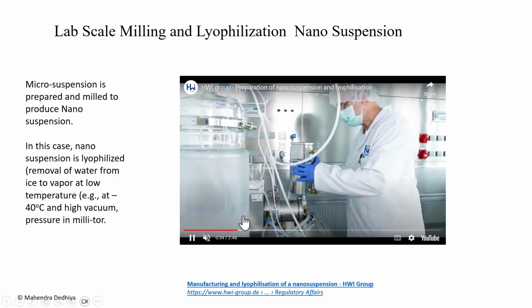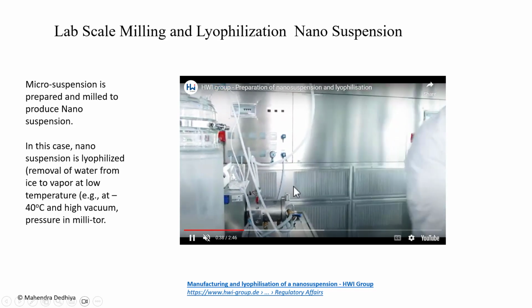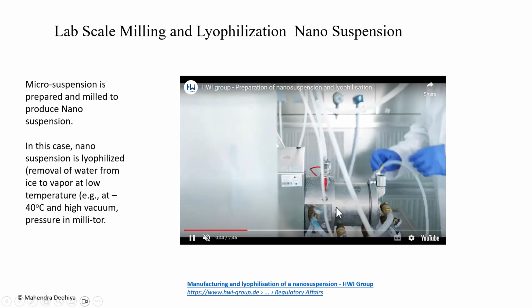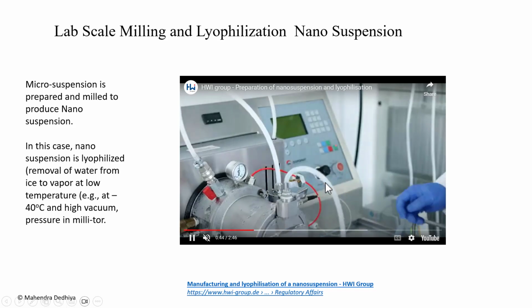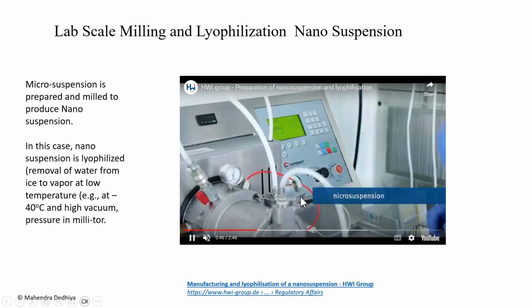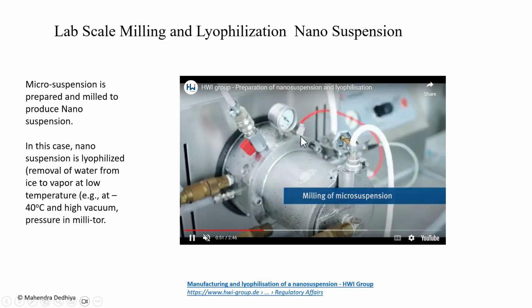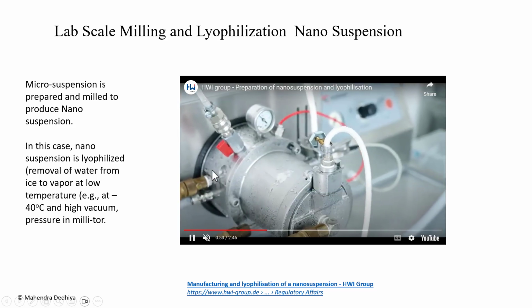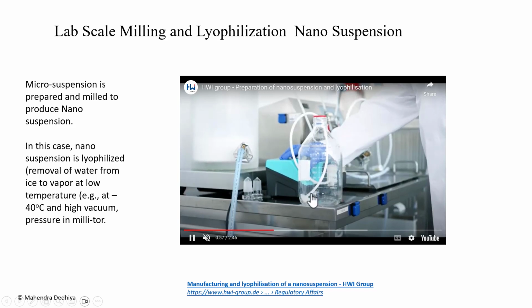So suspension material will be taken to a milling station, and this is a milling station, and milling of micro suspension. Micro suspension is coming in, like this is a lab process, and nano suspension is filled in here.